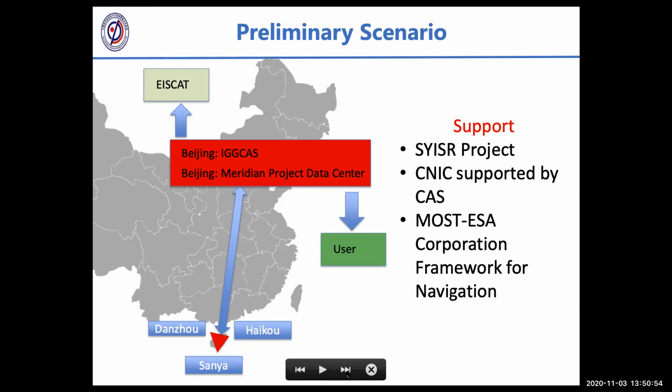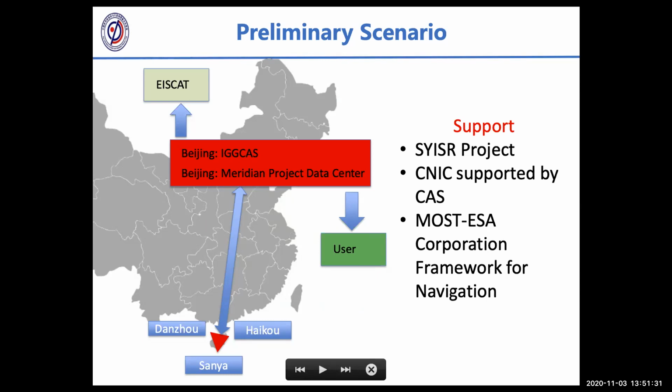We also have another funding opportunity, a cooperation between the ESA and the China Administration of Science and Technology. This cooperation is under the framework for navigation, but we implemented the ionosphere part into this cooperation framework. So we basically have 3 funding sources to implement this scenario. Okay, next please. I think that's all my presentation.